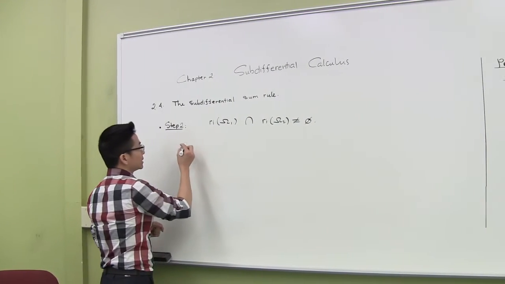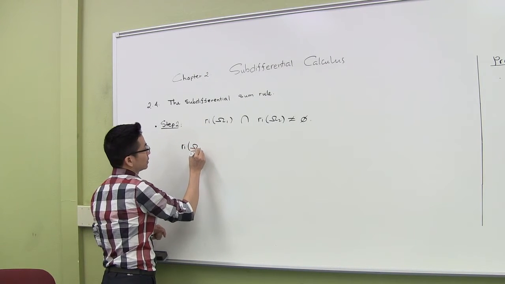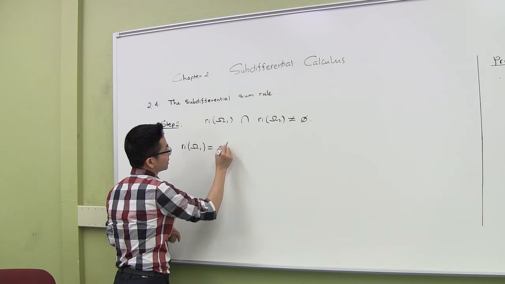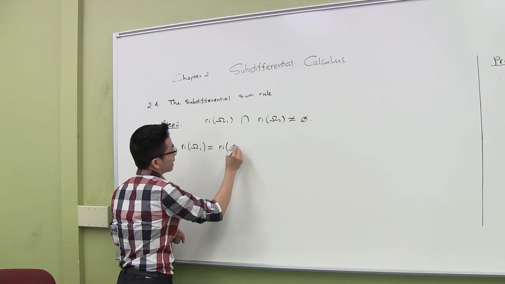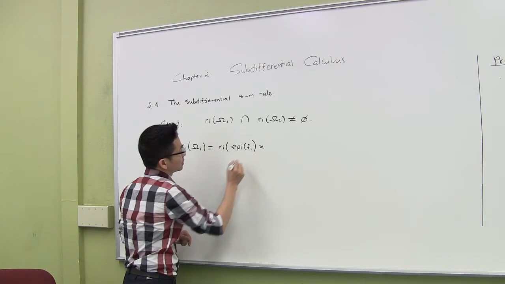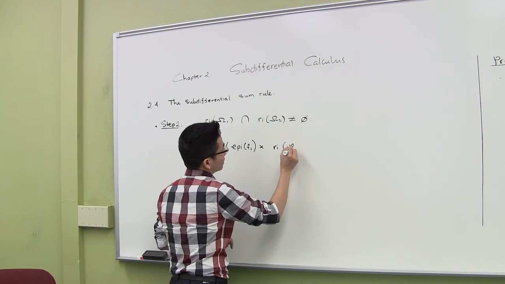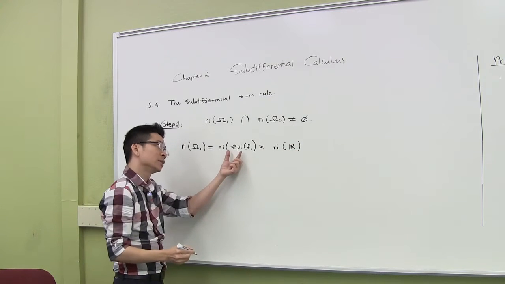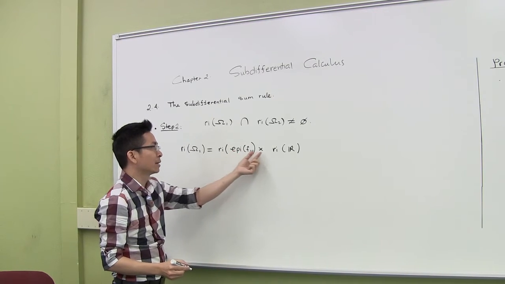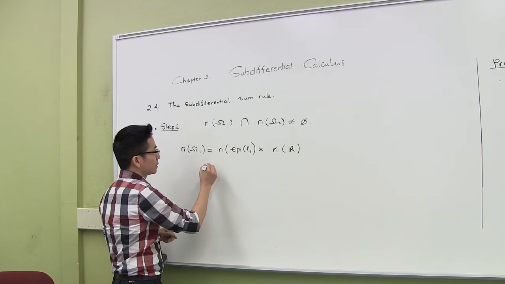The relative interior of omega 1 is equal to the relative interior of the epigraph of f1 times the relative interior of R. So this is the Cartesian product of the relative interior of the epigraph of f1 and the relative interior of R. Okay?